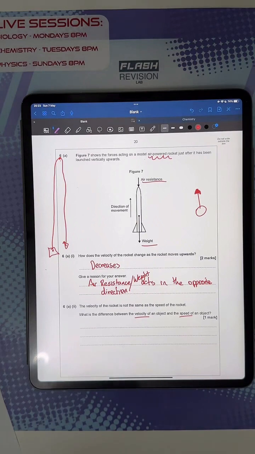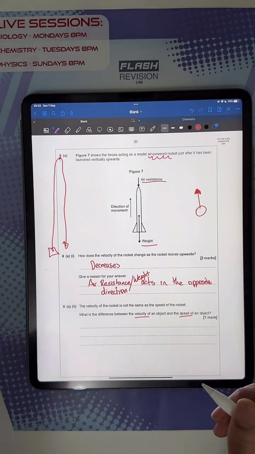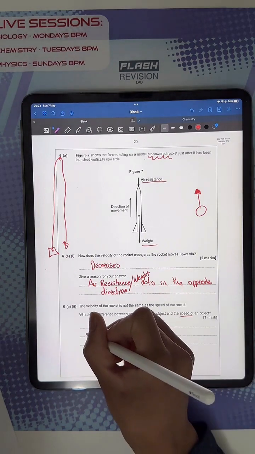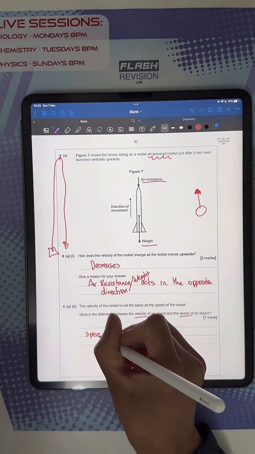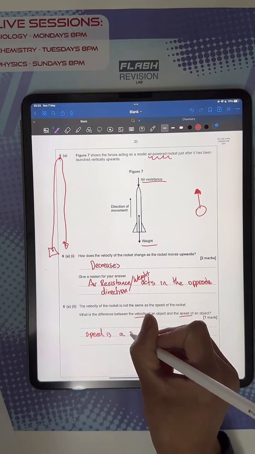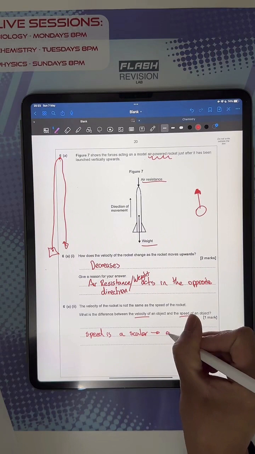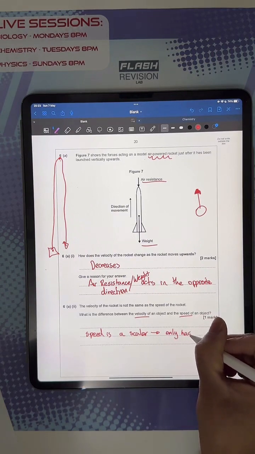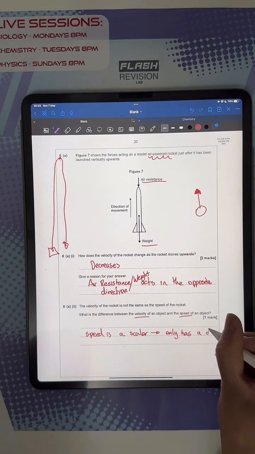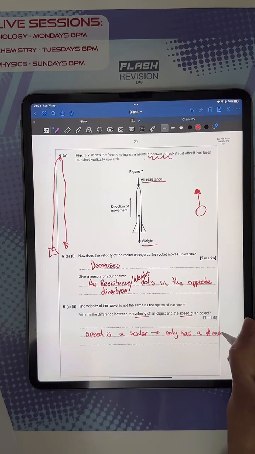Yes, next one is right. So speed is a scalar, it only has a magnitude.